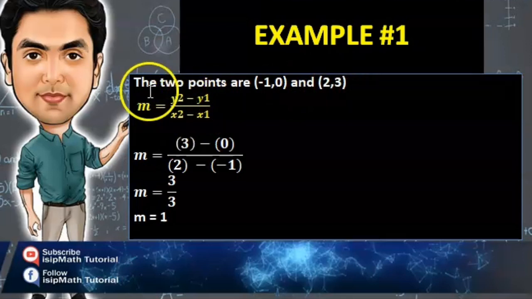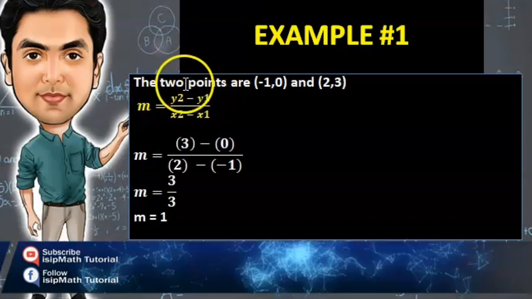So we will use this one. m equals y sub 2 minus y sub 1, our numerator, and our denominator is x sub 2 minus x sub 1. Okay, so ang gagawin na po natin, yung value po ng ating y, ilagay lang natin dito sa formula at saka yung x po natin.